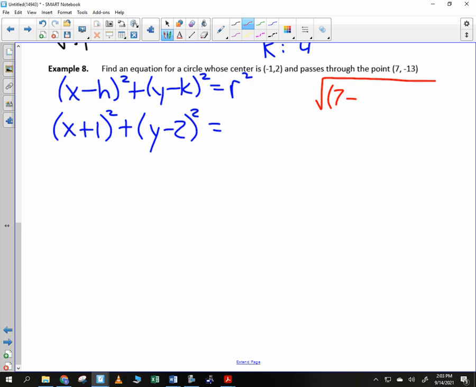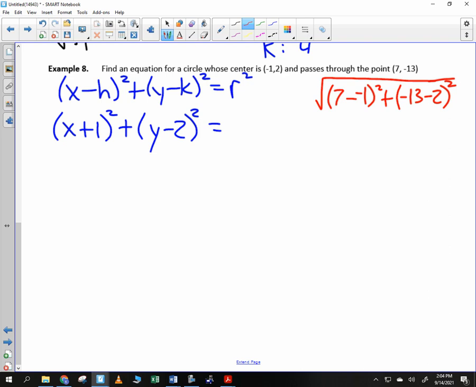Then what? Which is negative 13 minus 2. Very good.